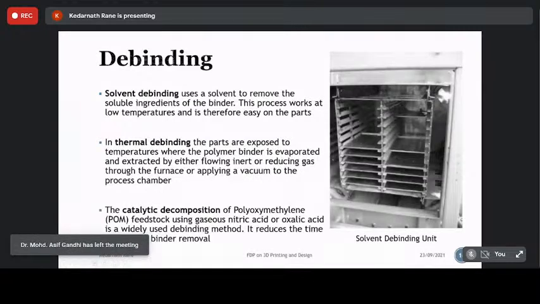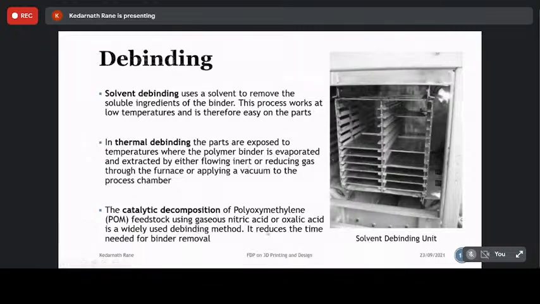Here you remove all the binder constituents present in the part. Many people call this process not eco-friendly because you are vaporizing the polymeric constituents, but there are some filters and chambers which can condense the vapors. There is a lot of research going on to make it greener.